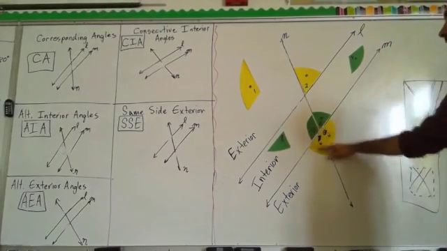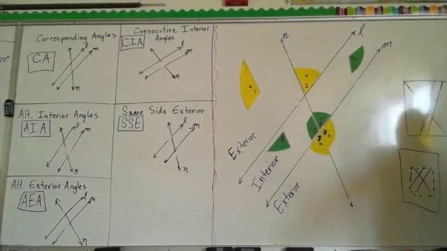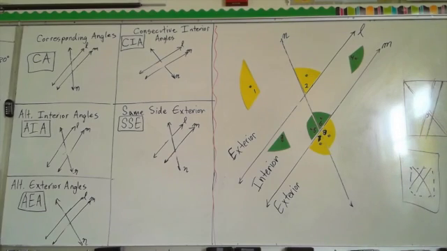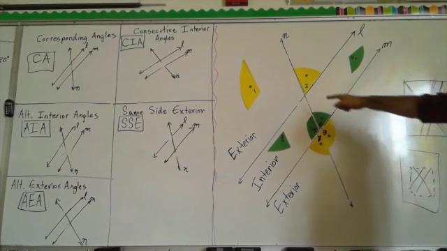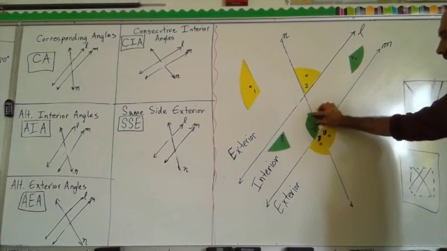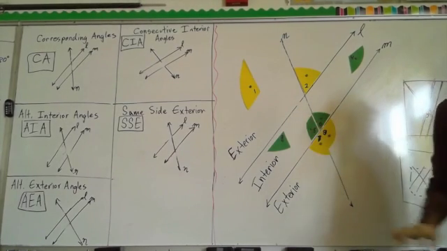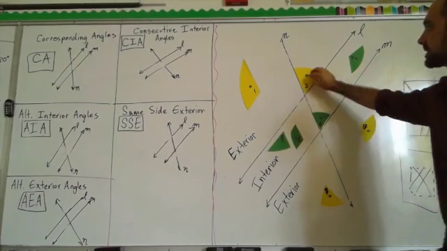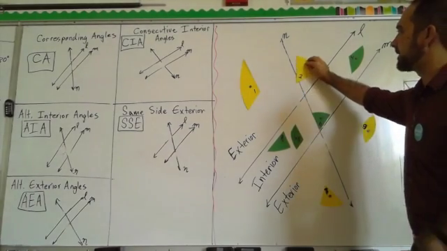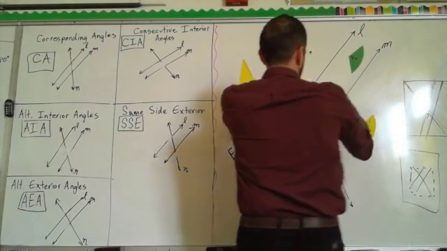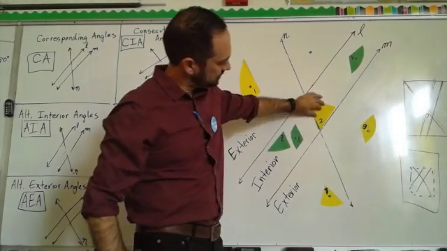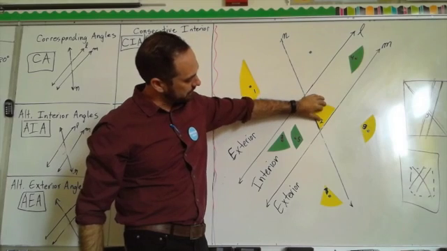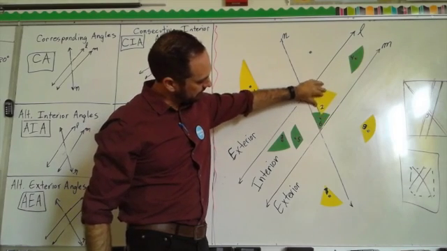In the bottom intersection, what angle corresponds to the same position as angle 2? We know that it's up and to the right. So in the other intersection, I take away all of them except for angle number 6. If I pick up 2 and move it down to where angle 6 is, look, it fits perfectly. So what I know about those 2 angles is that they're congruent.